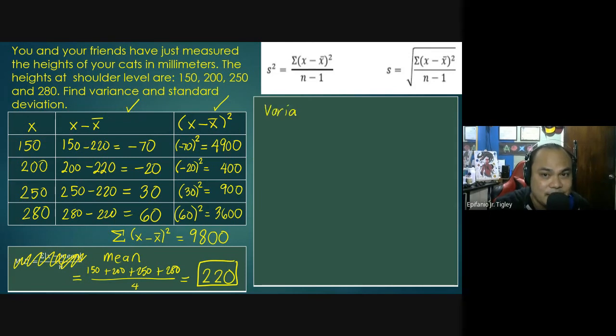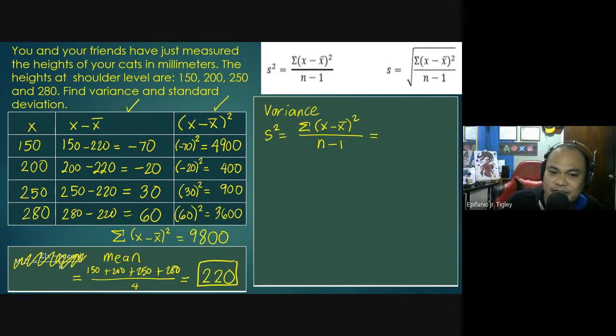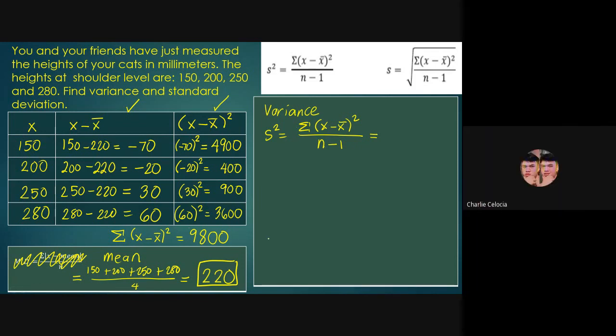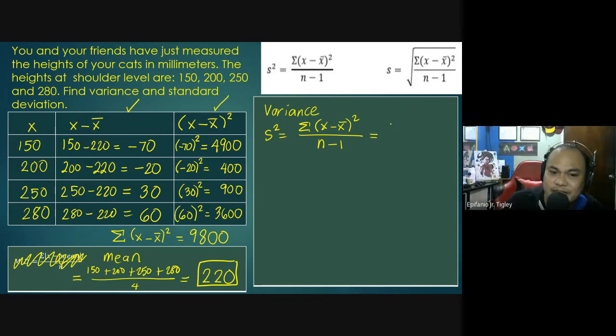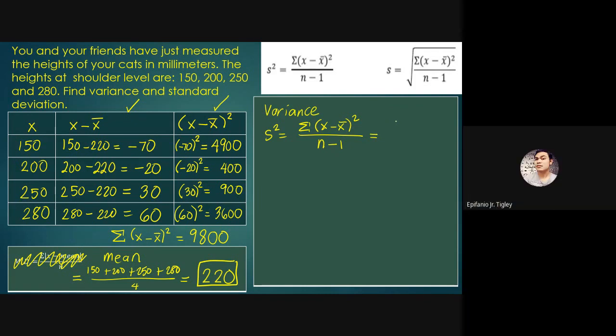The formula for the variance is the summation of X minus the mean squared over n minus 1. What is our numerator equal to? 9,800. The sum of the third column is your numerator.